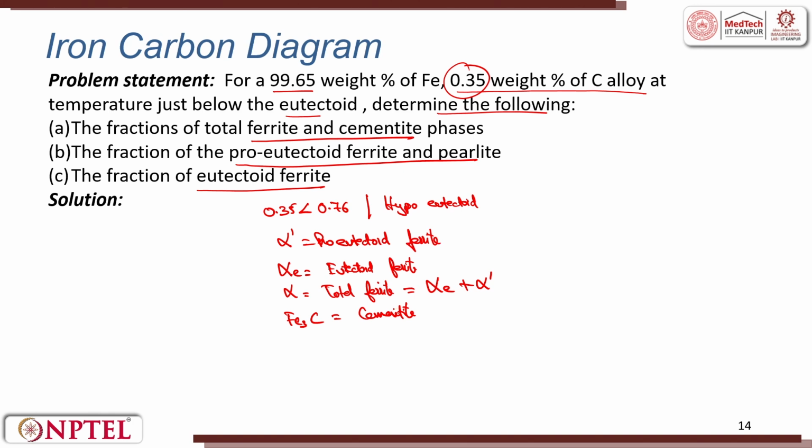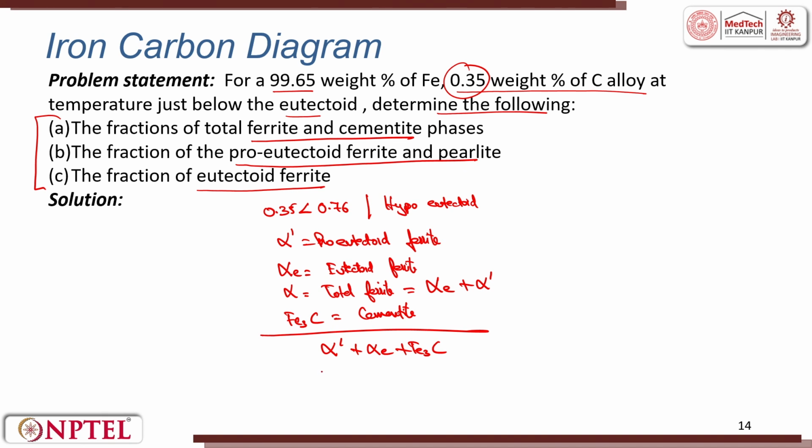So, we are now going to talk about the two phases as per the problem statement, that is the possible combination of alpha dash, alpha E and Fe3C. They are talking about ferrite and cementite, and proeutectoid ferrite and pearlite.